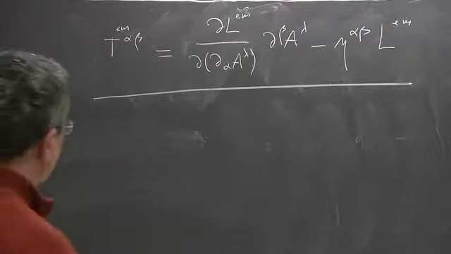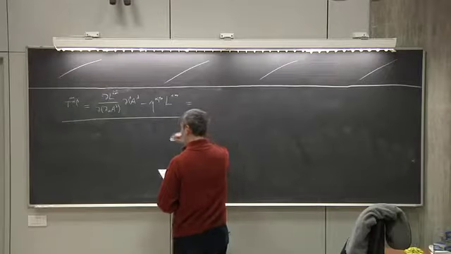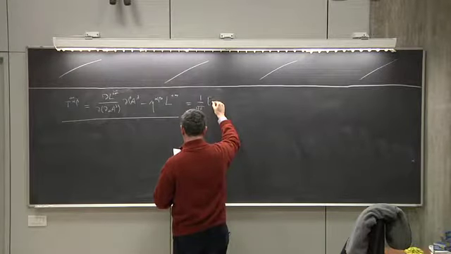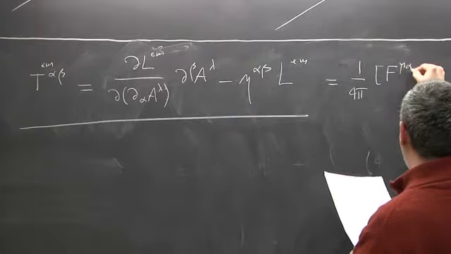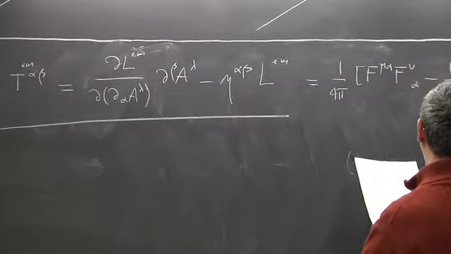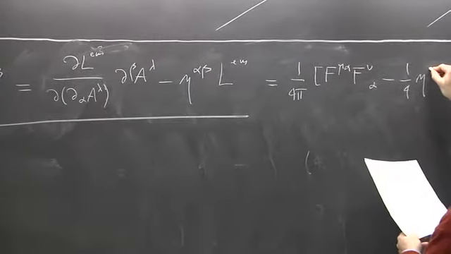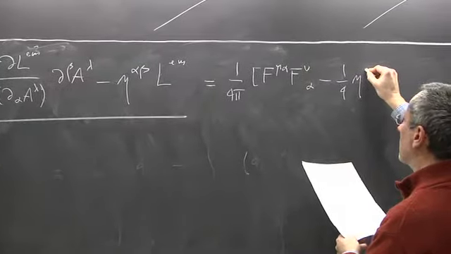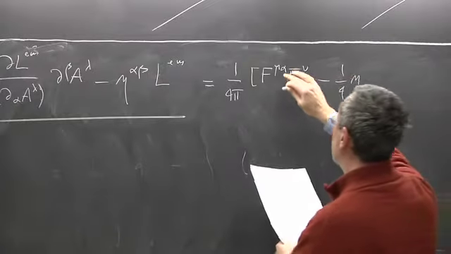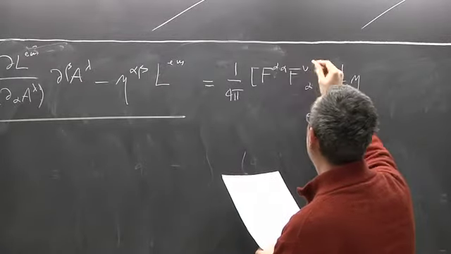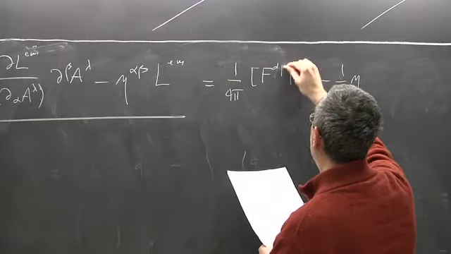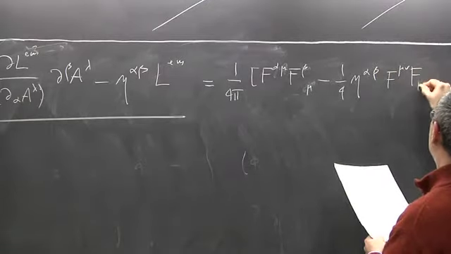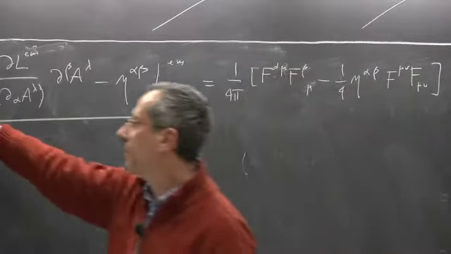In fact, if you plug in the Lagrangian that I wrote one blackboard ago, you get 1 over 4 pi F mu alpha F nu alpha minus 1/4 eta alpha beta F mu nu F mu nu. Here I should switch the indices, really.